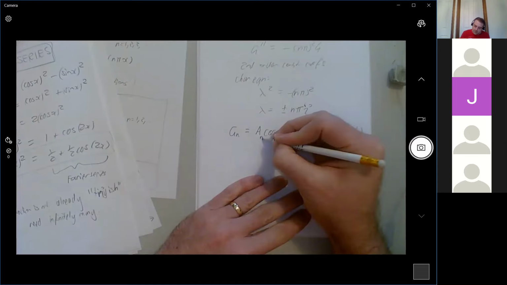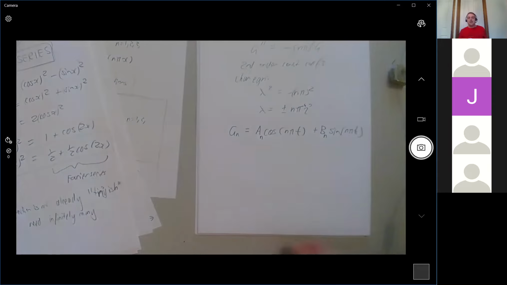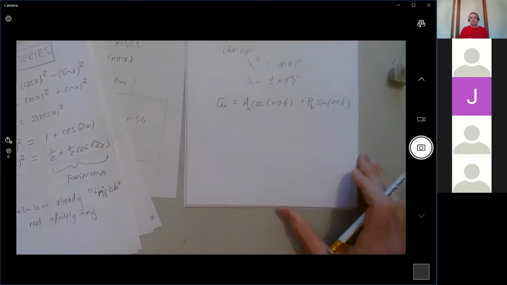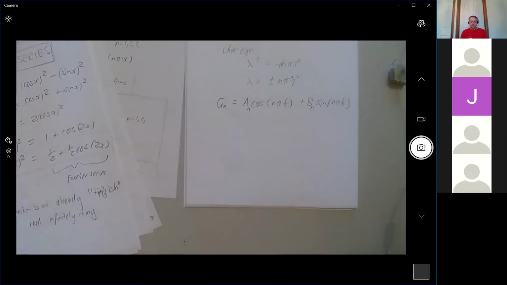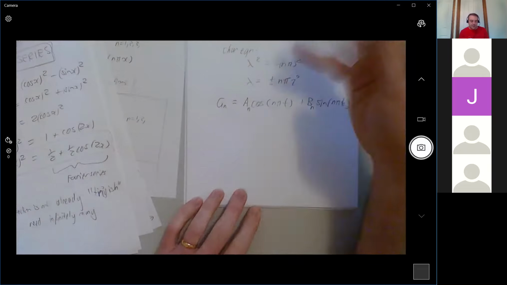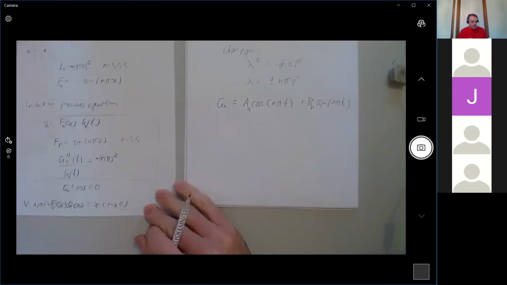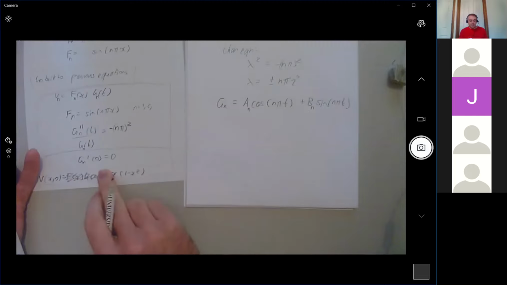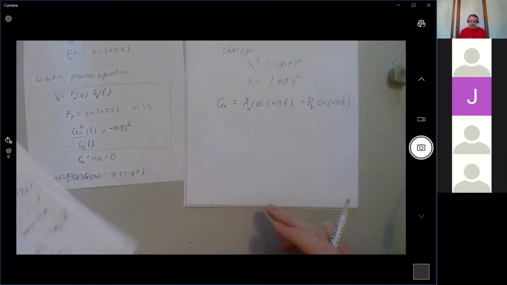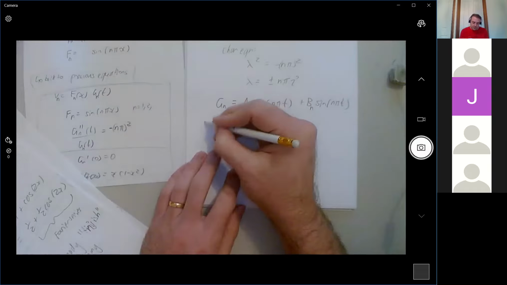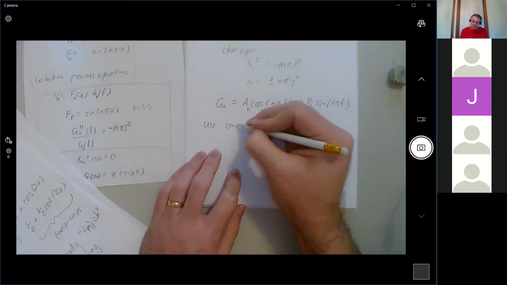And these are going to be different constants for every n. Now we have got some information. We've got that Gn dashed at 0 has to be 0. So now we can use the conditions.